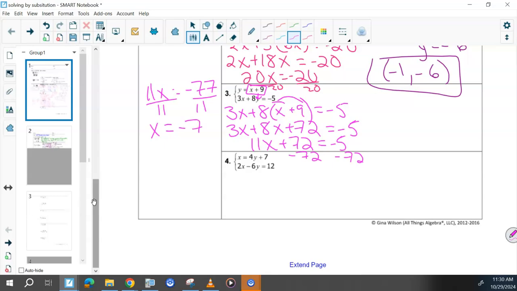Okay, so now let's find y. Take that number, put it into x. So again, you can use either or, but using the one that's already y equals will help you make your life a little easier. So that would be y equals negative 7 plus 9.